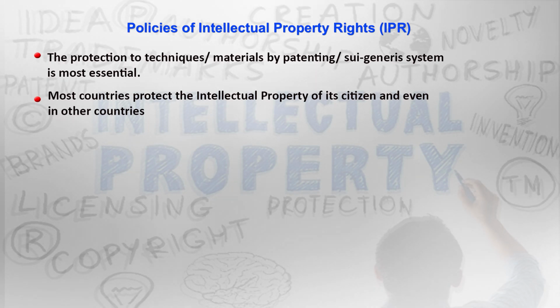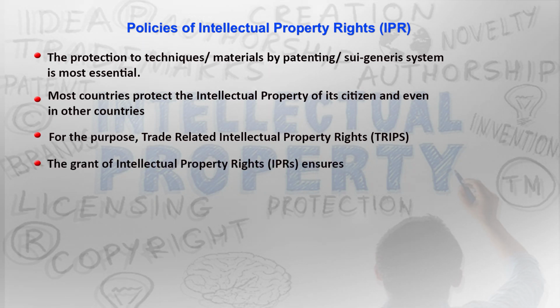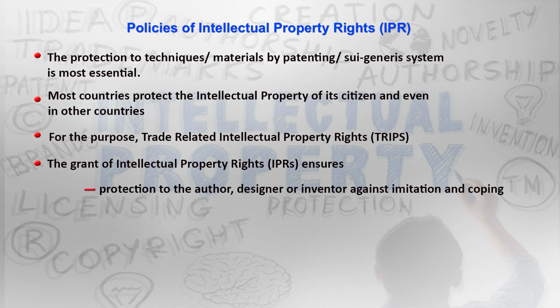most countries basically protect their intellectual properties, even in other countries. And for that purpose there is the Trade Related Intellectual Property Rights agreement, TRIPS, which is part of the WTO agreements, and the grant of intellectual property rights basically ensures protection to authors, designers or inventors against imitation and copying.